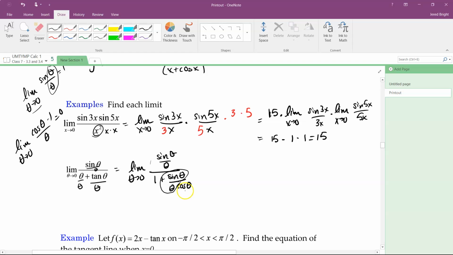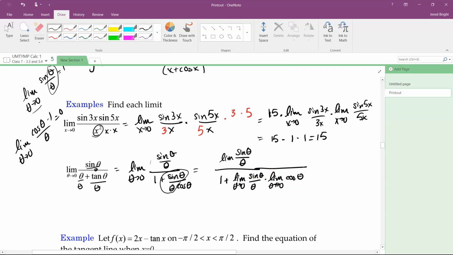Cosine of theta as theta goes to 0 is going to be 1. So actually, I think I can write this as limit sine of theta over theta all over 1 plus limit as theta goes to 0 sine theta over theta times limit theta goes to 0 cosine theta.